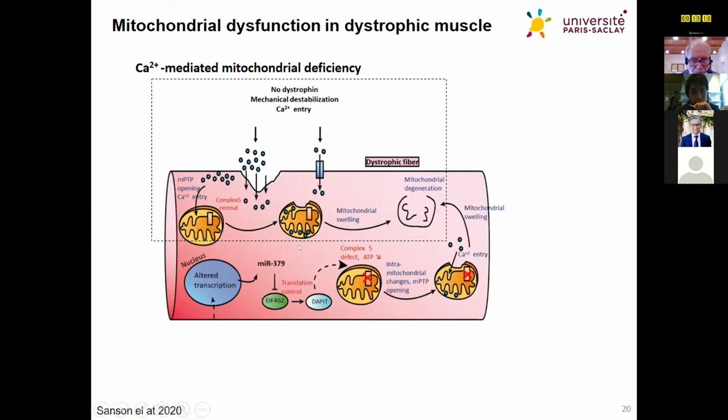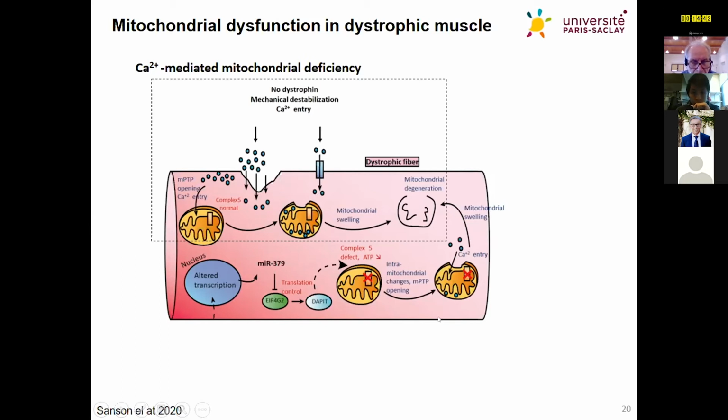In our recent study, published earlier this year, we identified a cascade where one of the microRNA, MBA379, also from the DD-miRNA locus, is responsible for a cascade controlling the expression of lipid protein, which is a key component in complex 5, and this leads to defective mitochondria.